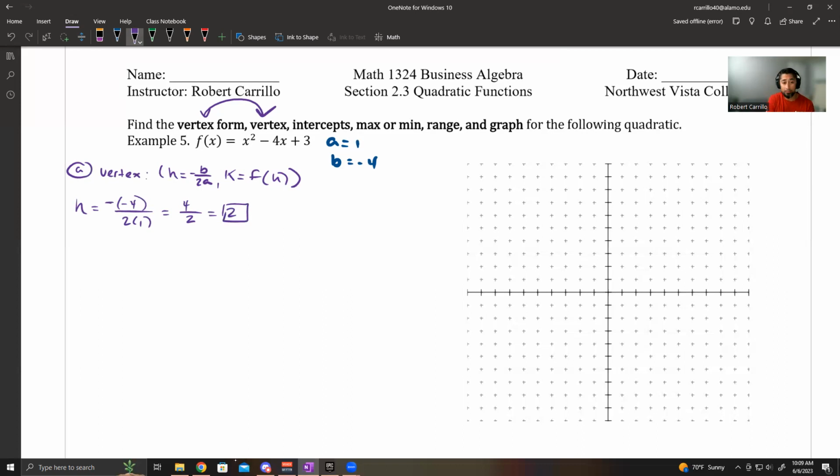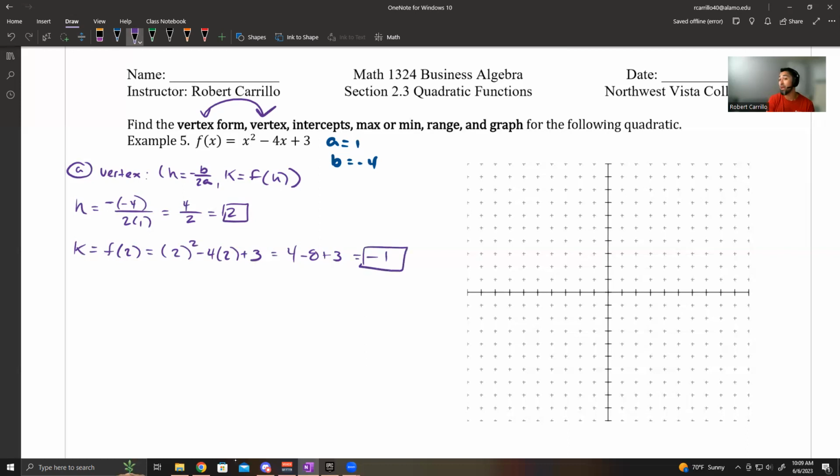Now to find k, you just take that 2 we found and plug it into the function above. So you'll have f of 2, and you're going to plug 2 in for every x in the function given above, which means you'll have 2 squared minus 4 times 2 plus 3. And then calculate: 4 minus 8 plus 3. 4 minus 8 is negative 4, and negative 4 plus 3 is negative 1.